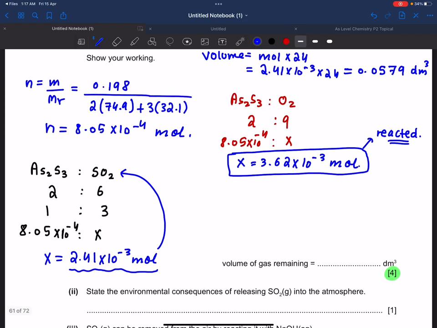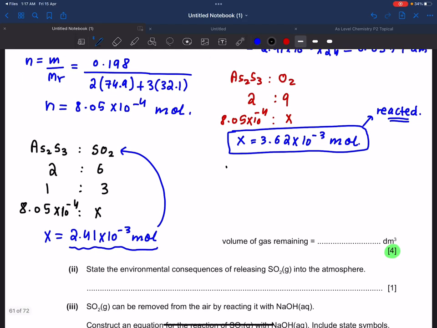Now I find the volume of oxygen reacted, with the same formula: volume is equal to moles times 24 dm cube molar volume. Put the value in for oxygen: 3.62 times 10 to the power minus 3 times 24. Your answer will come out to be 0.0869 dm cube.